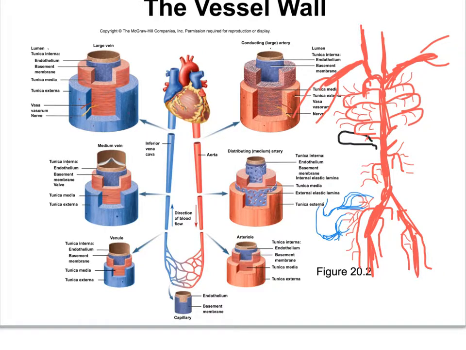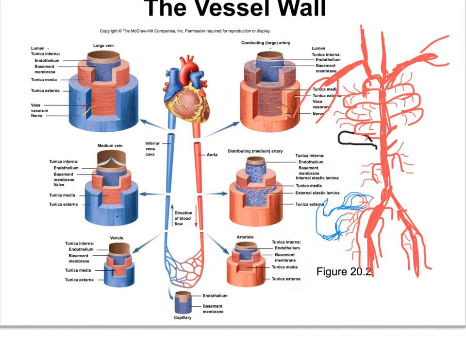They have all three layers: interna, media, and externa. Relatively speaking, their media is very thin. You don't control much blood pressure with your venules, and they don't do a whole lot of dilating or contracting.